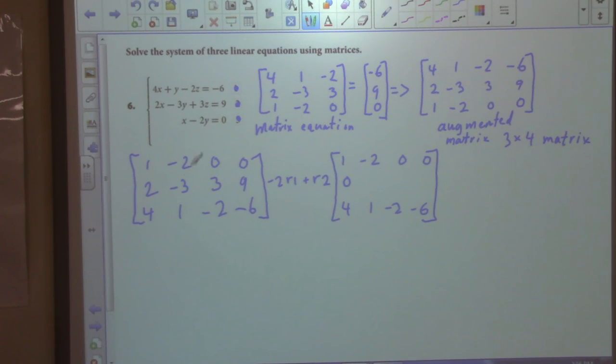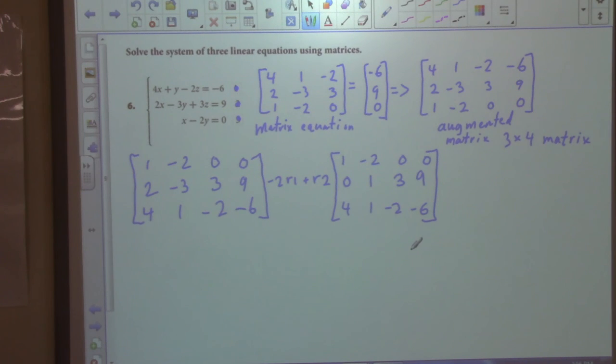And next we take negative 2 times negative 2 plus negative 3, which is 1, right? Negative 2 times negative 2 is 4, minus 3 is 1. And then row 1 for both of these is 0, so we're just going to rewrite the rest of this as 3, 9. You see that?